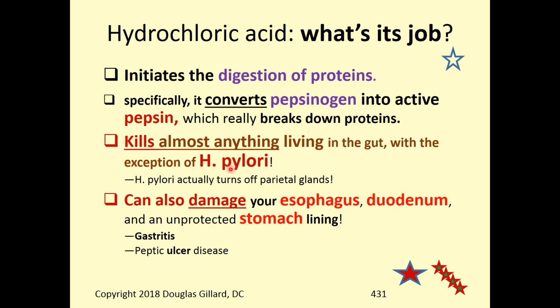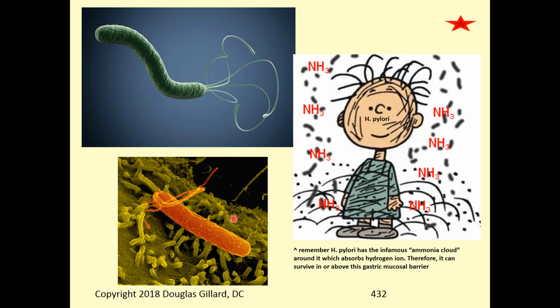If acid gets crazy high, with Zollinger-Ellison syndrome, for example, it can kill. HP doesn't like that. It can't handle that much acid, but in a normal stomach, HP can thrive. And we remember acid, we talked about GERD and NERD and erosive esophagitis and Barrett's esophagus and cancer. So this acid can be pesky if it's overproduced.